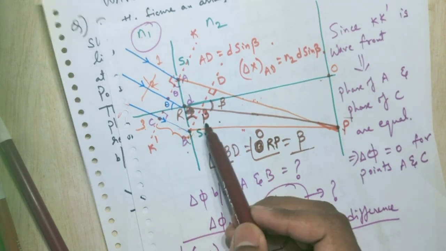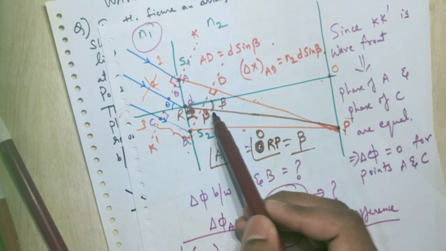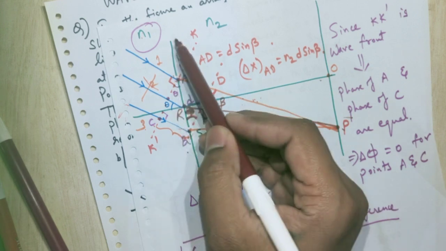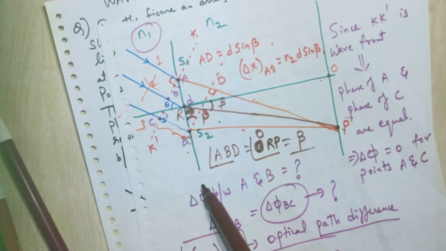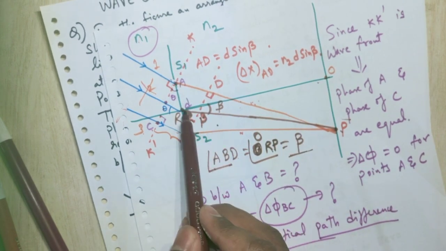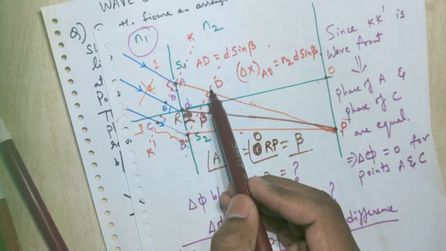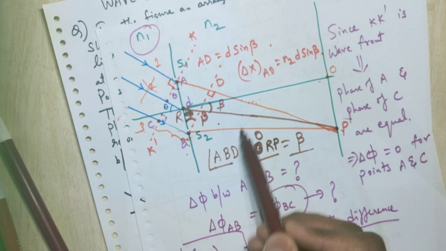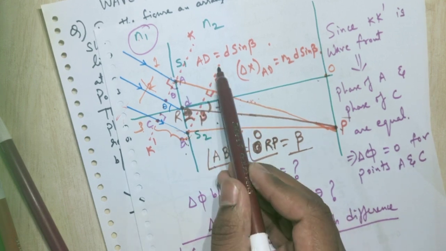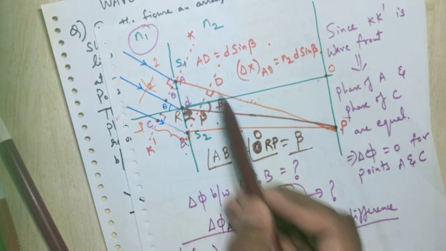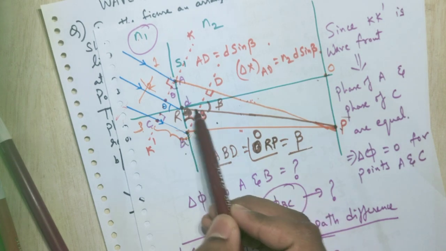How? Because you can see that this line and this line are perpendicular. Similarly, this line and this line are perpendicular. Why? Because we assume that these three are nearly parallel. So if this line is perpendicular to this line, this line should be perpendicular to this line also.